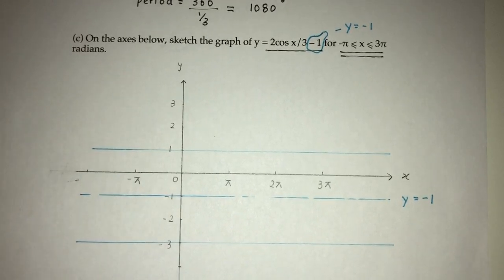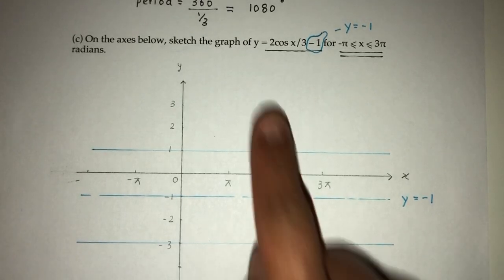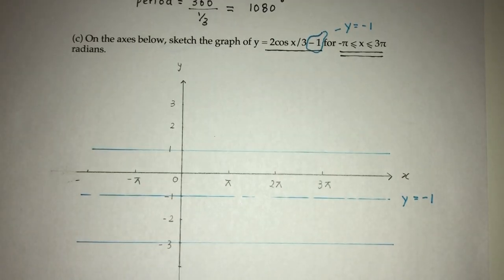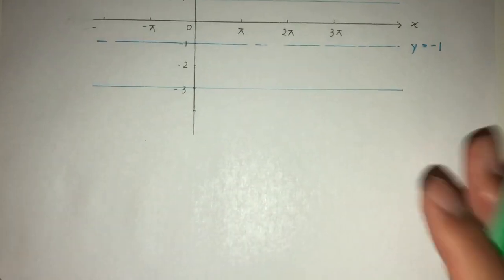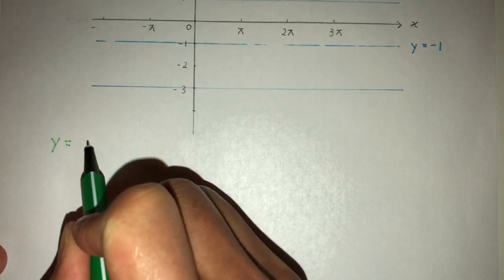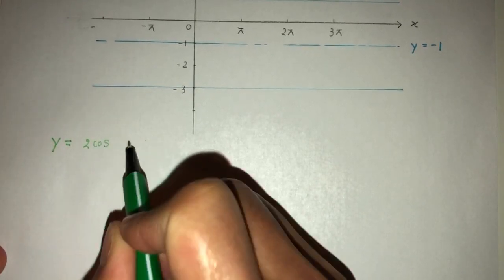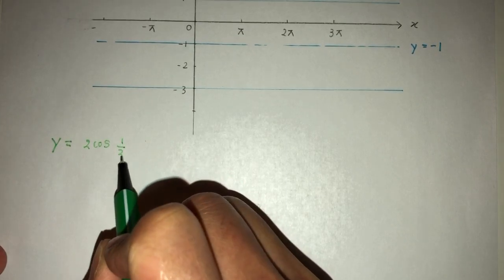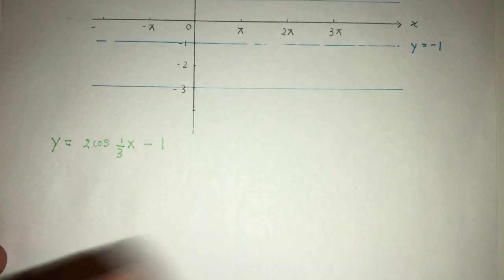That's what it does for you. Now next step is to draw the curve itself. So now we can use a table of values to find the values of y. So let's do that, right? This is y, we know, is equal to 2 cos 1 over 3x minus 1.